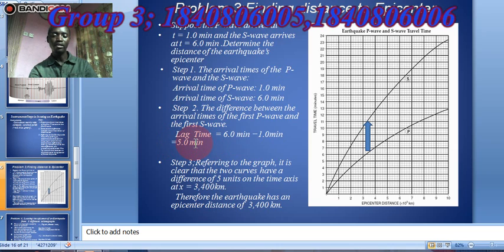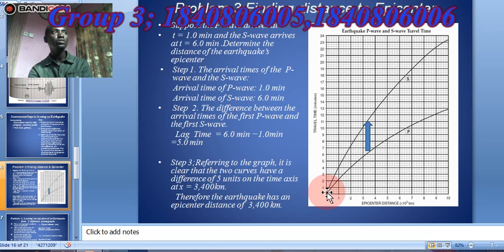This is 5 minutes, so each unit now represents 1 minute. So you are going to create an arrow of 5 unit lengths, and you are going to take that arrow and make sure you keep the 0 at the bottom of your P curve.